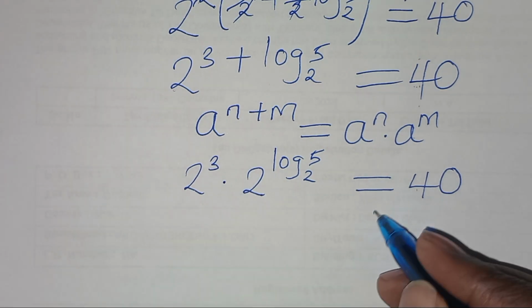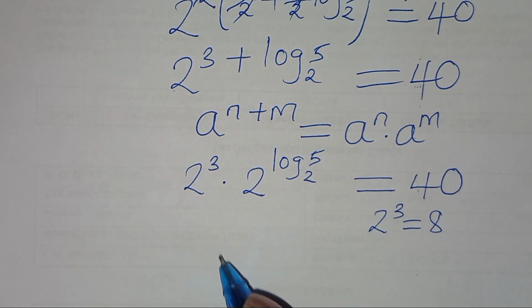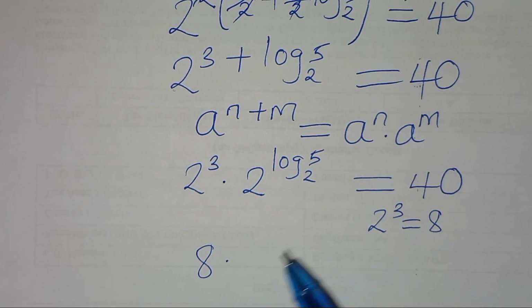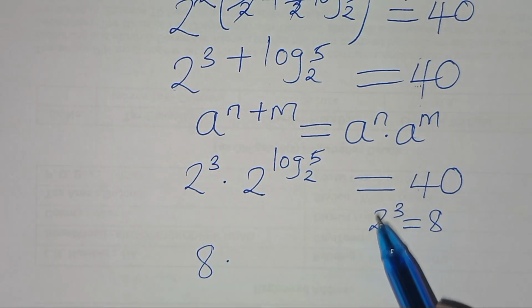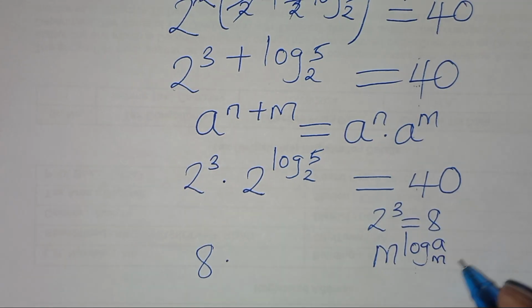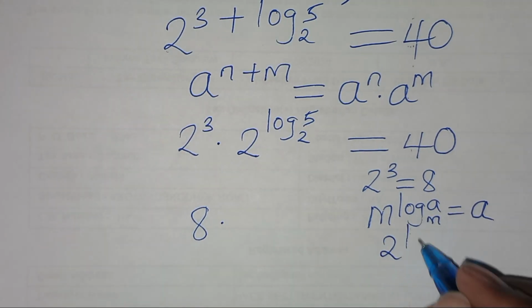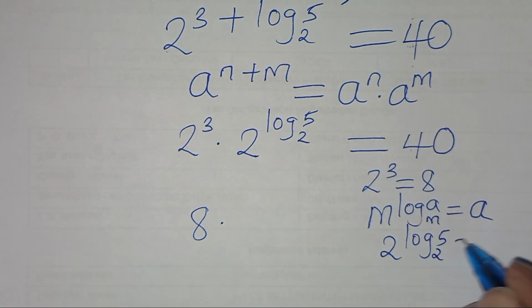So 2 to the power 3 here is the same thing as 8. So here we'll have 8 multiplied by 2 to the power log 5 to base 2. This is in the form of m to the power log a to base m, which essentially is supposed to give us a value of a. So 2 to the power log 5 to base 2 is equal to 5.